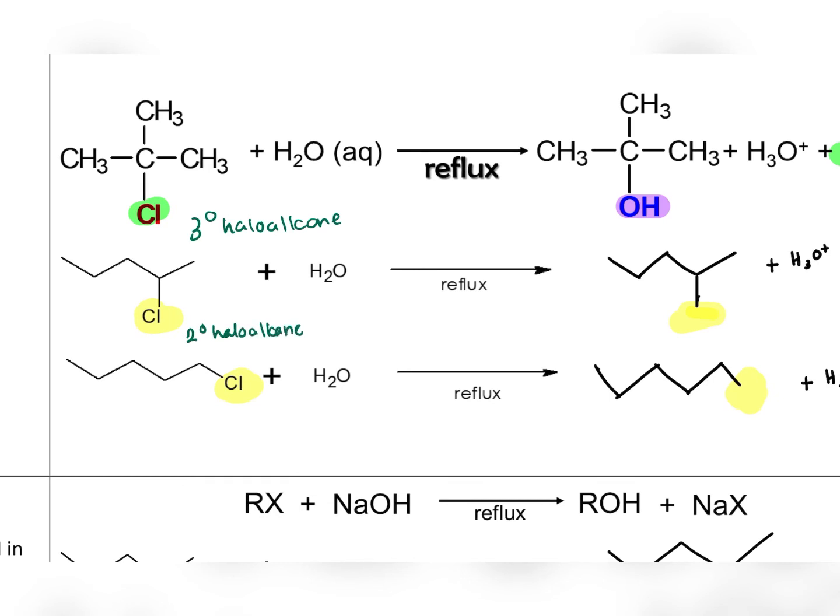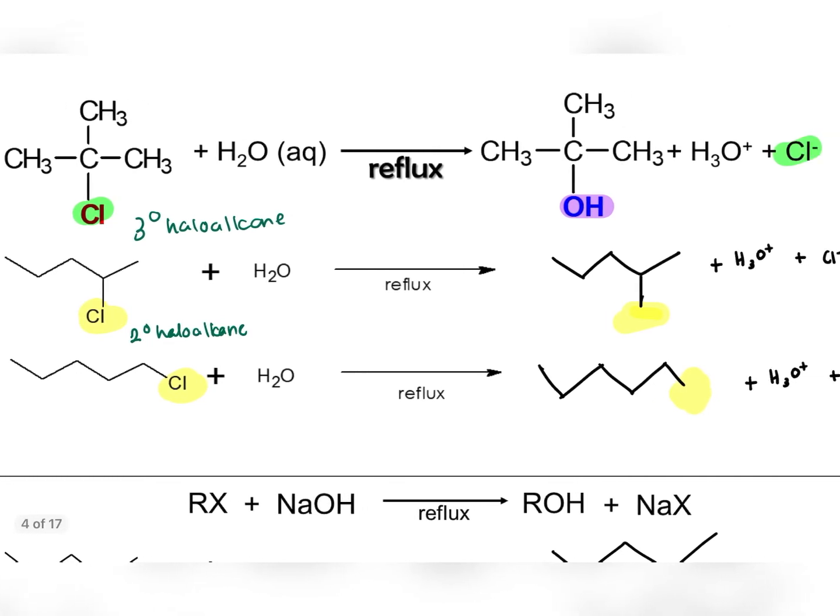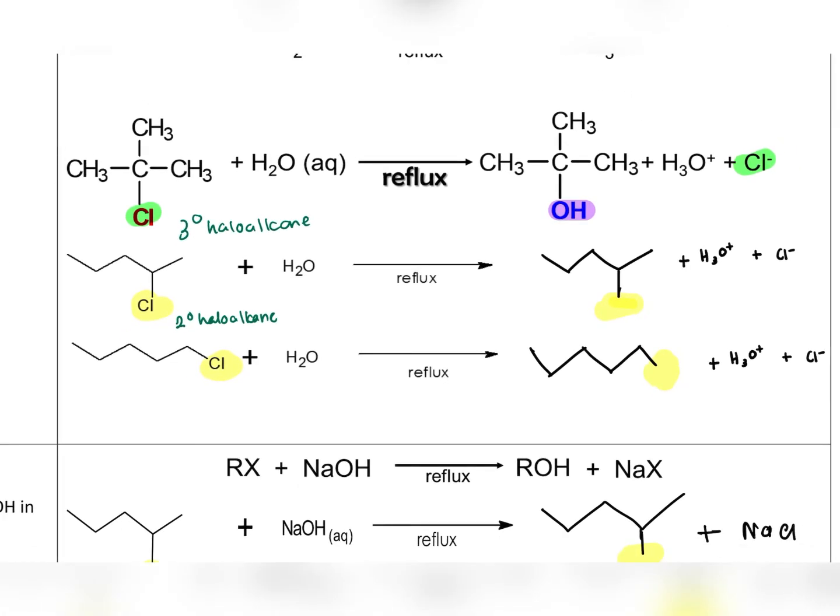Okay, bila kita react dengan water under reflux, sama jugalah, kita akan gantikan tadi Cl, kita ganti dengan OH. Okay, OH ni dapat dari water molecule. And remember that H2O is weak nucleophile.